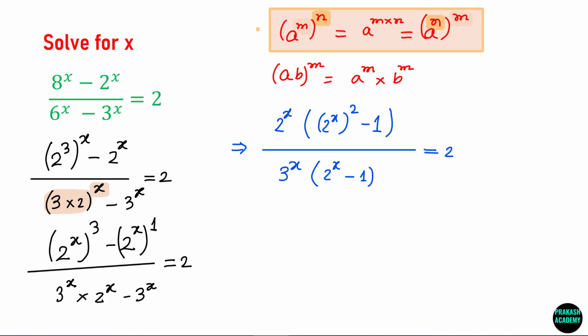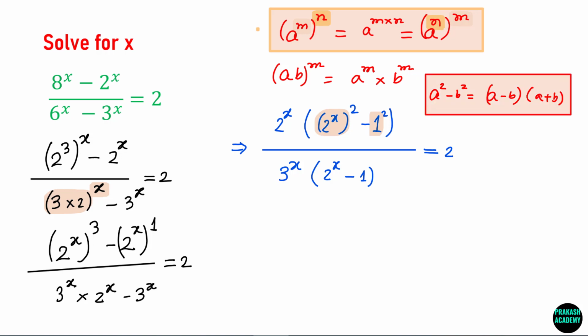Now you see, some important things are coming here. Now this term is a square minus b square. This is a, then this is a square, and this is b, then this is b square. So now I use this formula, that is a square minus b square is equals to a minus b times a plus b. So let us use this formula.